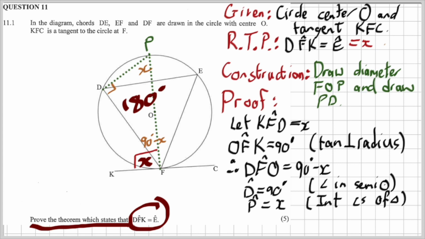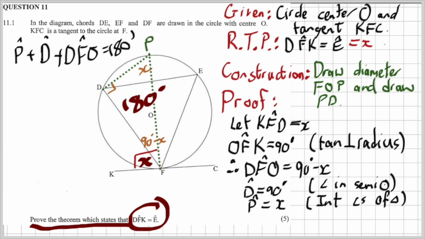Or am I going maybe a little bit fast? Let me just write that out bit by bit. Angle P plus angle D plus angle DFO is equal to 180 degrees.